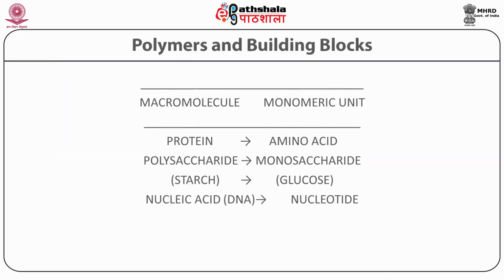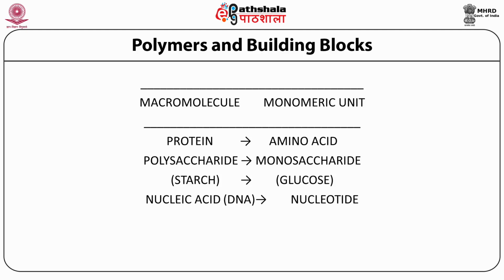So at the next level of hierarchy, how do these small biomolecules assemble themselves in a particular way to become macromolecules, or molecules whose molecular size is above 10,000 Daltons? Here this slide gives you some examples.